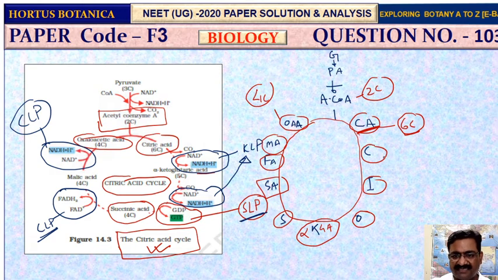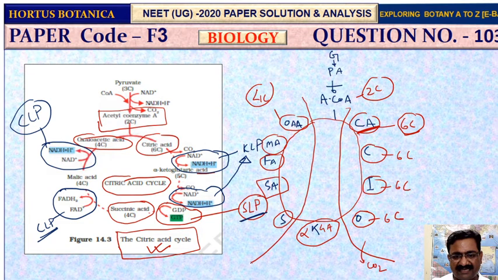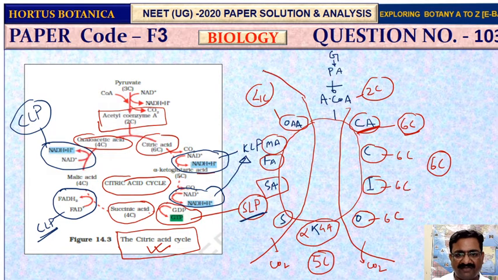So see, this is 6 carbon, again 6 carbon, again 6 carbon, and then decarboxylation will be there. Again decarboxylation will be there. So you find these are the 6 carbon compounds, one is the 5 carbon compound, and all of these are 4 carbon compounds, right now.